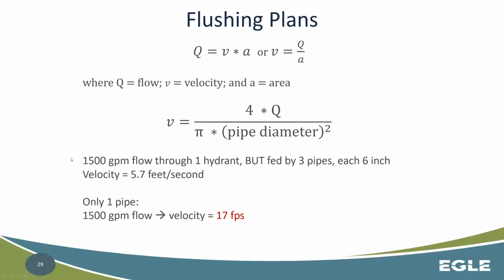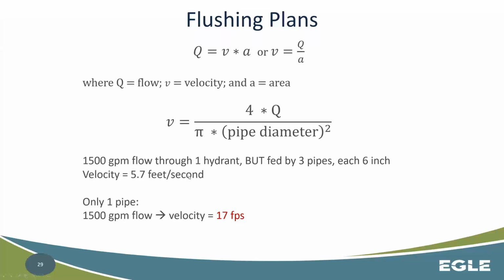So if I've got 1,500 gallons per minute of flow through one hydrant, but fed by 3 pieces of 6-inch pipe, meaning I'm flowing unidirectionally through 3 separate 6-inch pipes towards that hydrant, each one of those 6-inch pipes will see about a 5.7 feet per second flow within them.